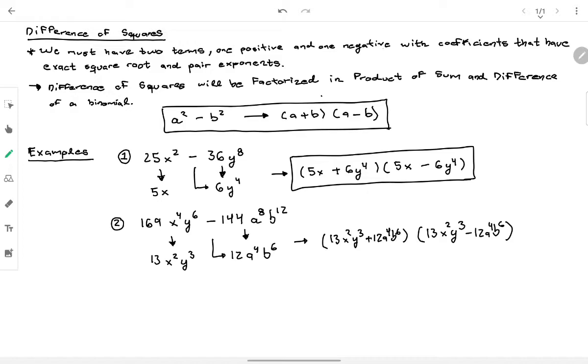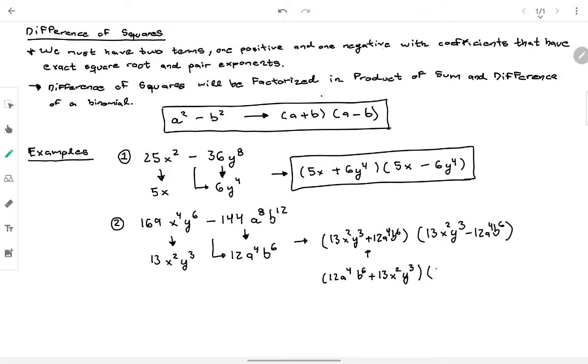Remember, we need to check if it's correctly ordered. So in this case, the first parenthesis is not correctly ordered because it should be first 12a to the 4th, then x. So it's going to be 12a to the 4 b to the 6 plus 13x squared y cubed. The second parenthesis is correctly ordered because it's a binomial with a positive and a negative one, so the positive one should go first.